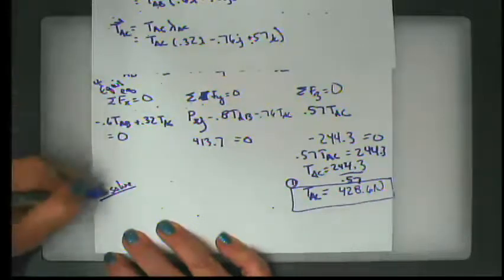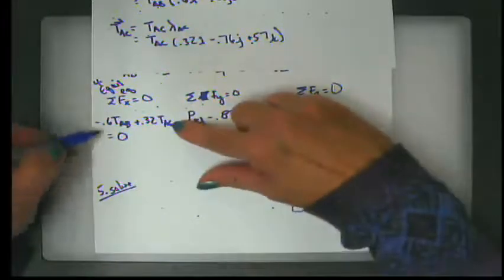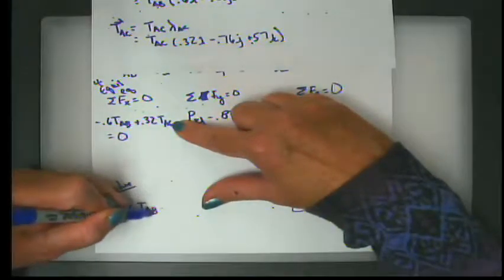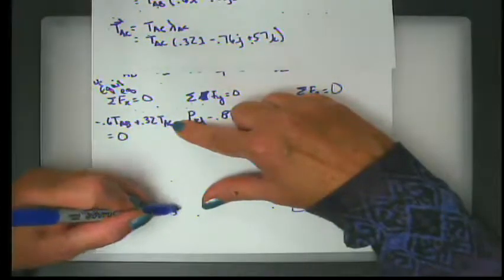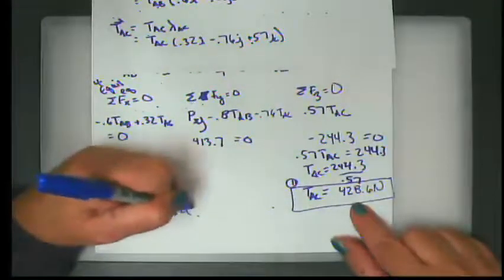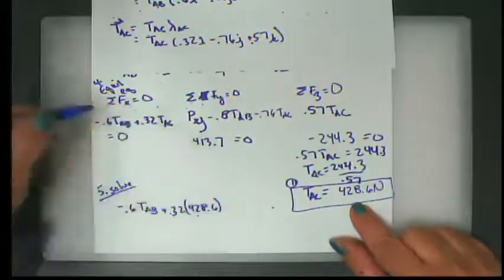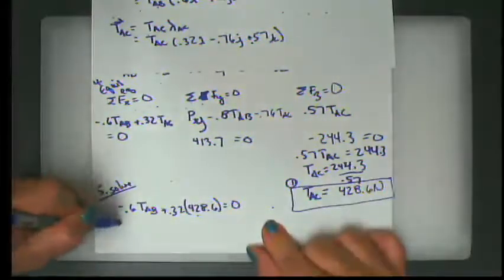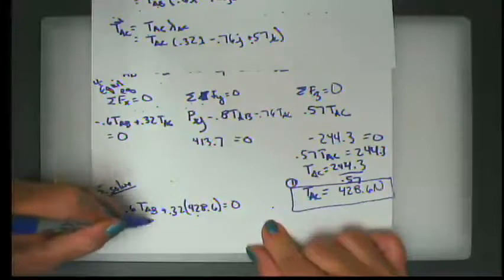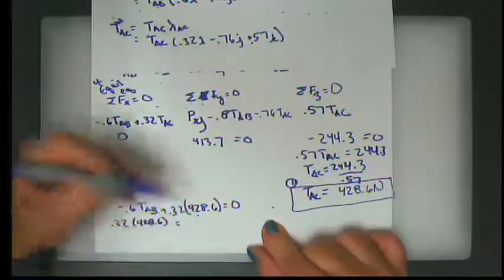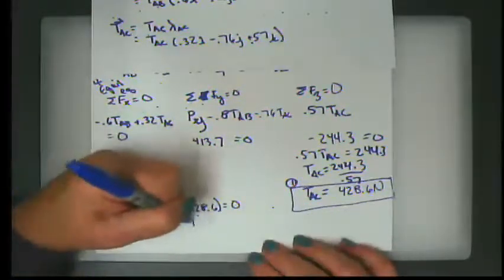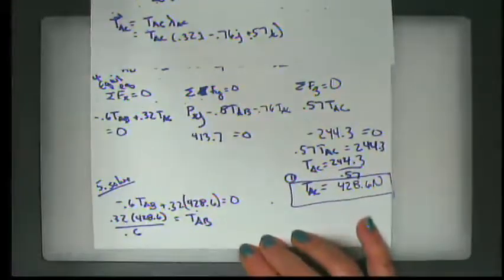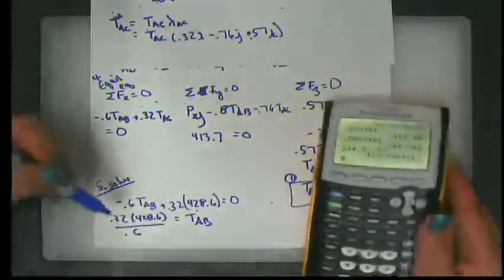All right. So after I get TAC, I can substitute it here. I get negative 0.6 TAB plus 0.32 TAC, which is 428.6 newtons, equals 0. So I can bring this over, and I get 0.32 times 428.6 equals, be positive when I bring it over to the right-hand side, TAB times 0.6, divide both sides by 0.6, and I can solve for TAB.